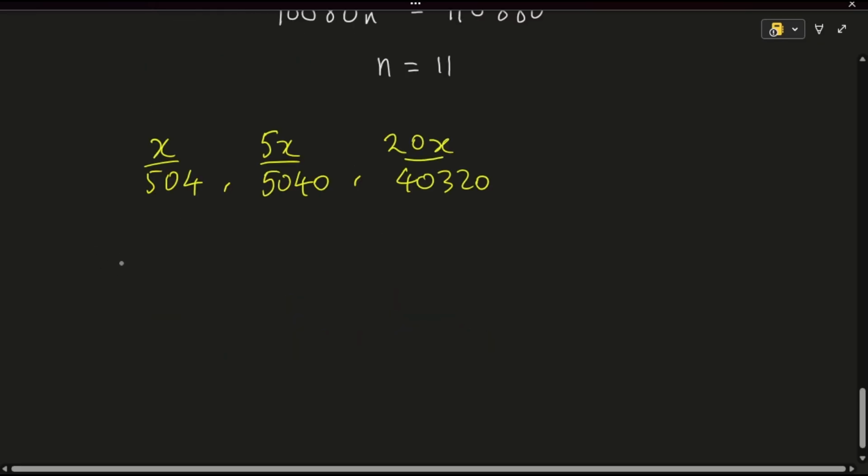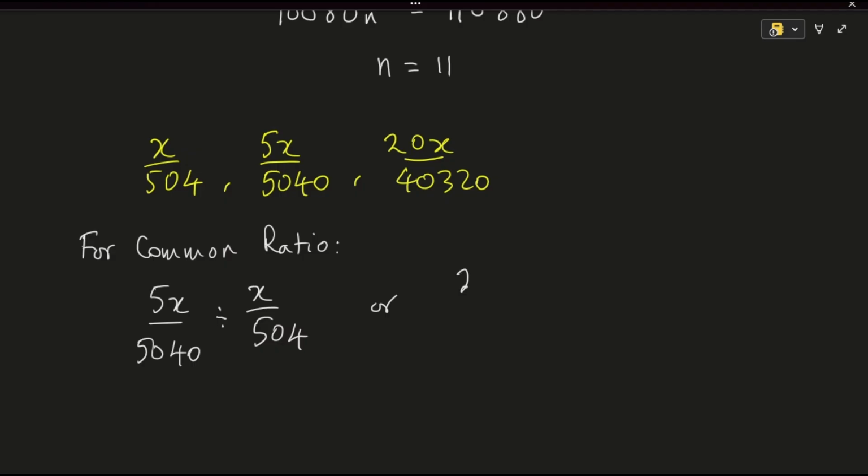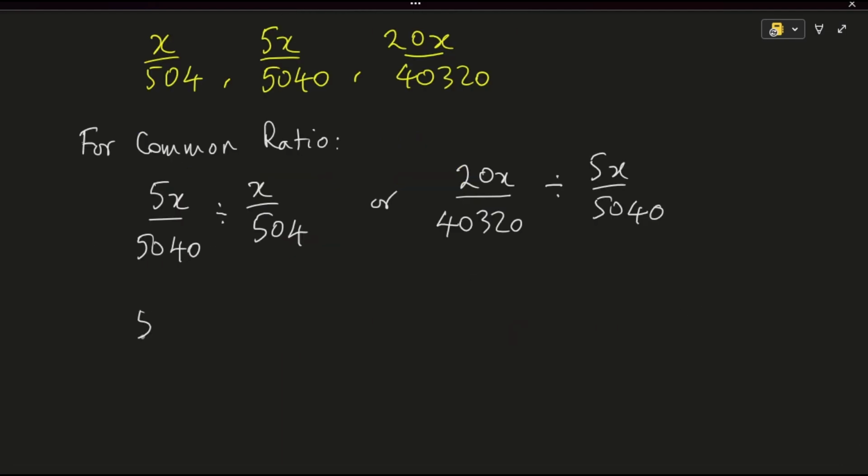Now, the B part of the question requires of us the common ratio of the sequence. And so for common ratio, we can choose to use this to determine the common ratio.